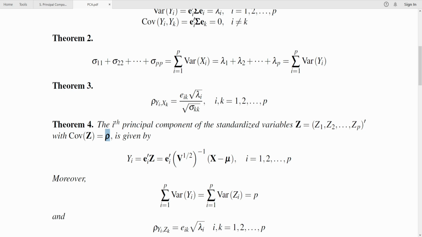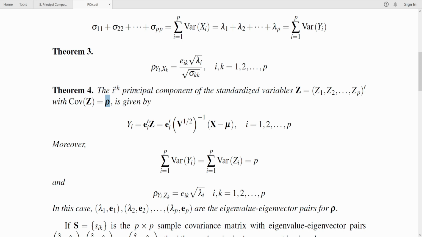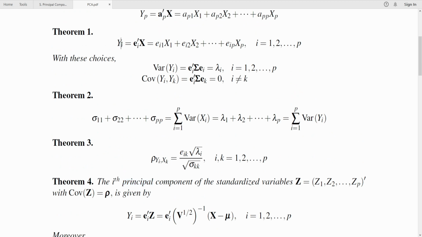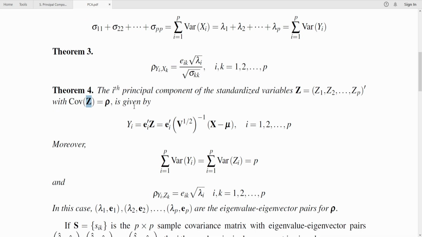So if we now consider the eigenvalue-eigenvector pairs of our correlation matrix instead of our covariance matrix, we can again get principal components that are in general different from the ones we got before, because we now search for eigenvalue-eigenvector pairs of the correlation matrix. So we know how we can represent Z in matrix form. This is what we already have done, so we can find its covariance very easily.